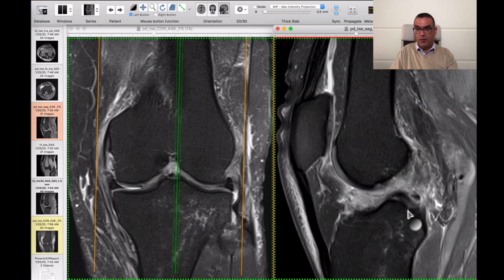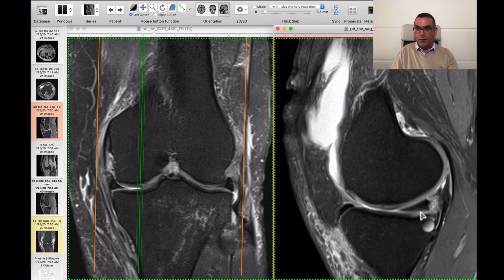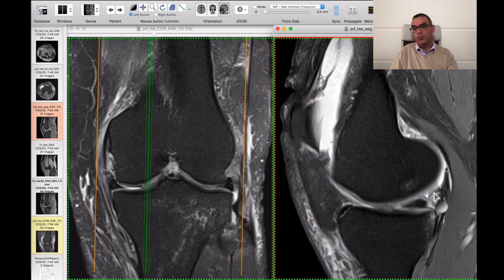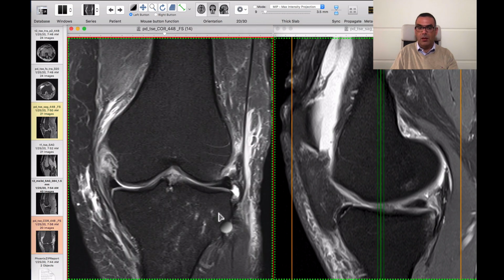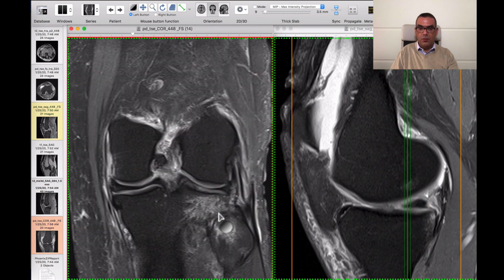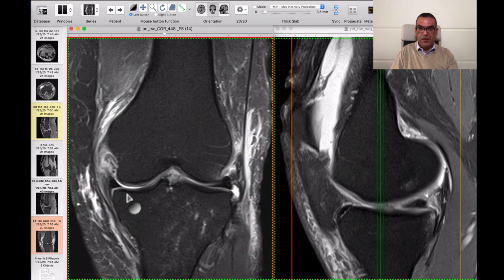So we have ACL injury, and we have meniscocapsular injury at the posterior horn of the medial meniscus, and this is, as we said, a meniscal ramp lesion. So the posterior horn substance is good, and the body and the anterior horn are nice.